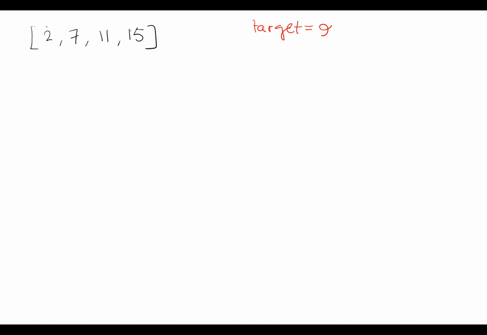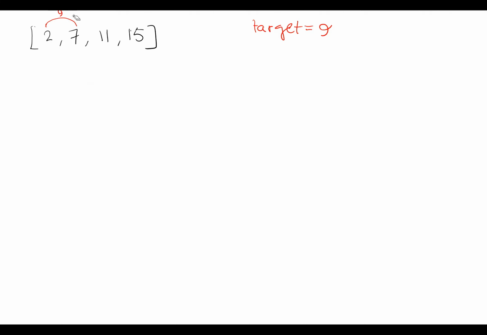So 2 will pair up with, say, 15, 2 will pair up with 11, 2 will pair up with 7. Let's say 2 and 15 is 17, so this is not right. 2 and 11 is 13, so this is not our target. But 2 and 7 is 9, which is our target. So then we found our pair.